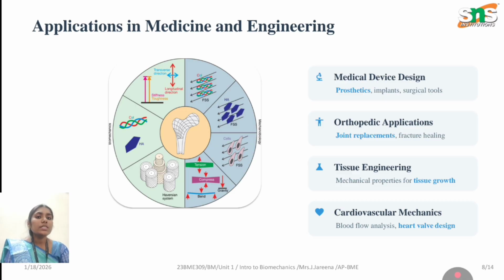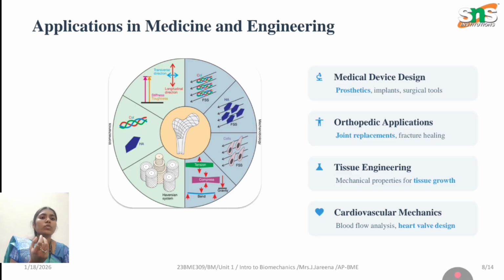And not only this, there is another application, cardiovascular mechanics, because the cardiovascular system is the heart and blood vessels, a combination of the two. So biomechanics is not only about the skeleton, the bones. The muscles, the muscle movements and the blood flow, everything involves mechanical properties. Blood has fluid properties, and muscles and tissues all have mechanical properties.